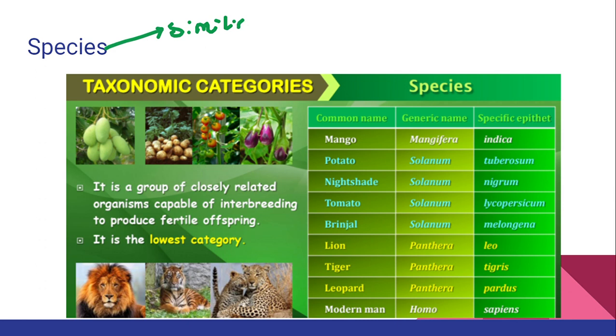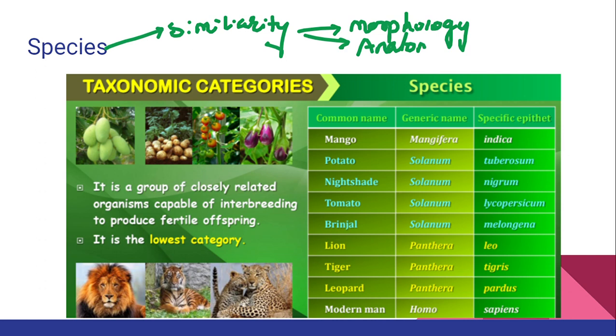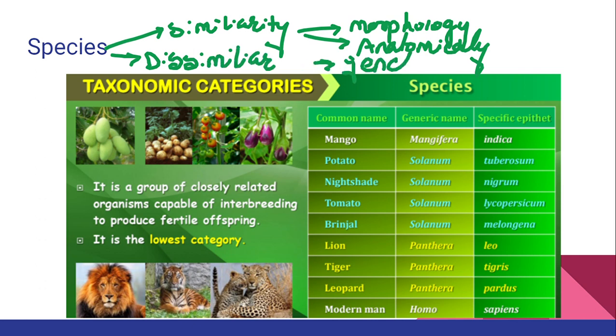Species are organisms that have similarity in morphology and anatomy, but are dissimilar in genetics. Obviously, if the genes are different, then only I am putting it under a different species.